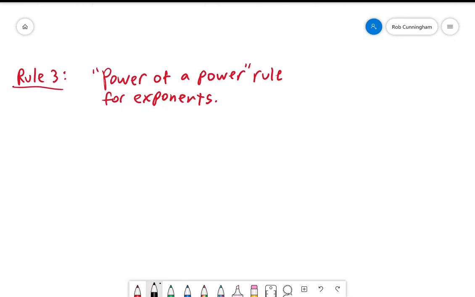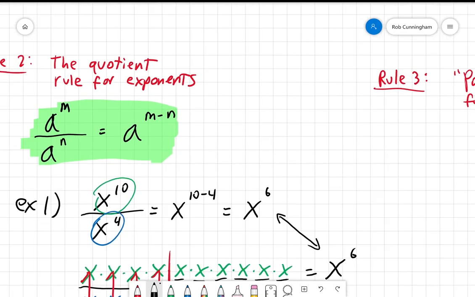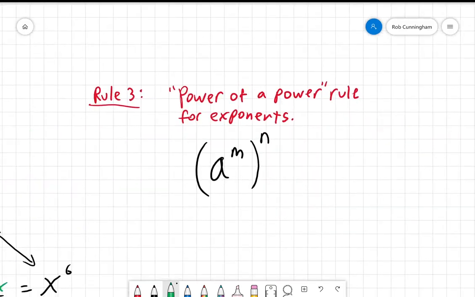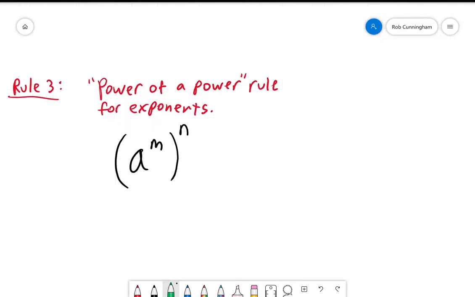If I have some number to some exponent, and then I raise that to some other exponent. You see how this is different from what we were doing over here, where we had two separate numbers being multiplied together. Instead, we have some number with an exponent being raised to another exponent.